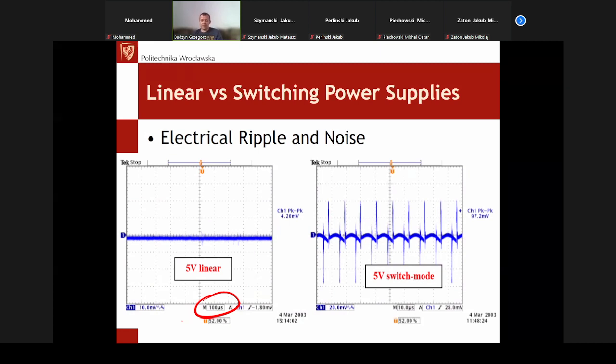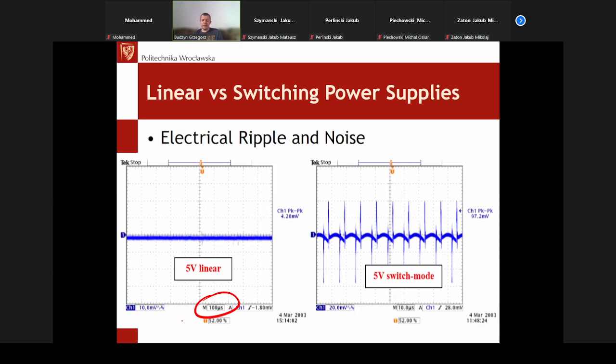Linear power supplies, because the regulators don't have this problem, but the linear power supplies do. The regulators are working fine. The linear regulators, as you should remember, have two disadvantages.